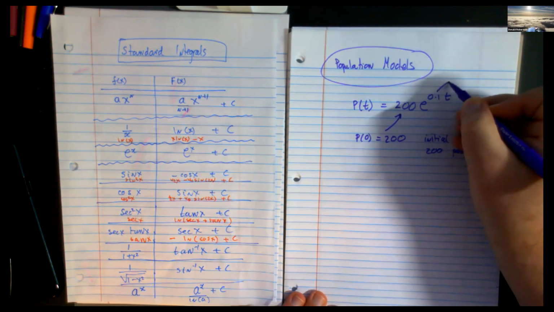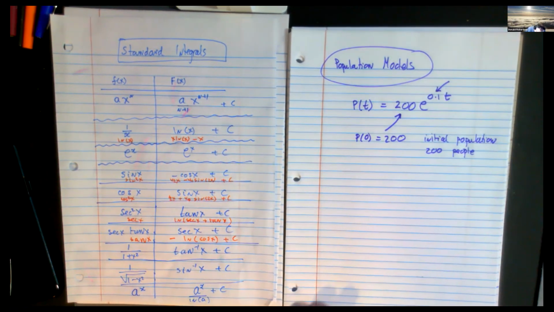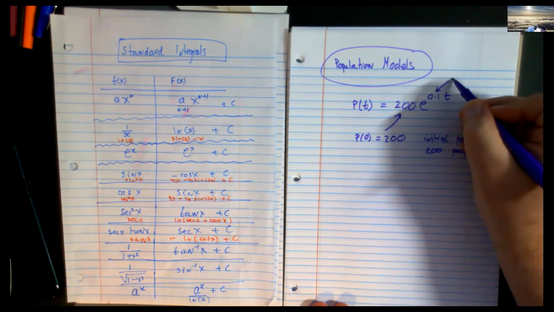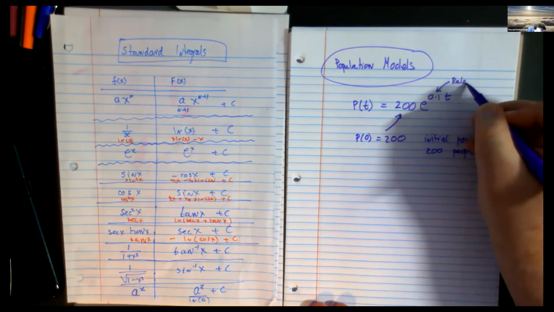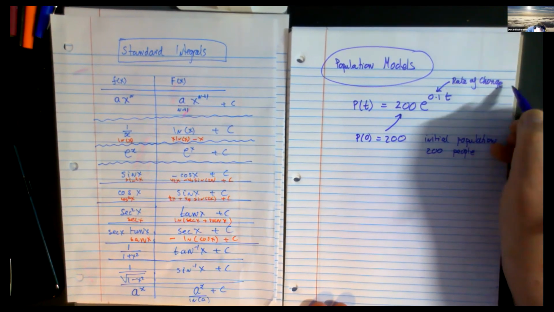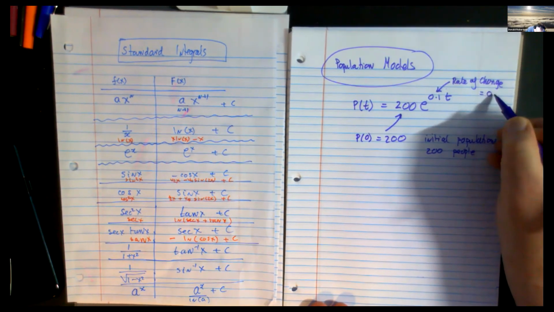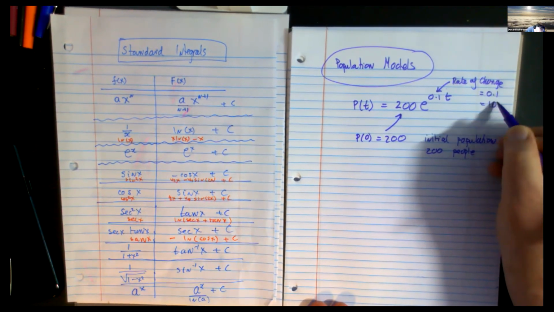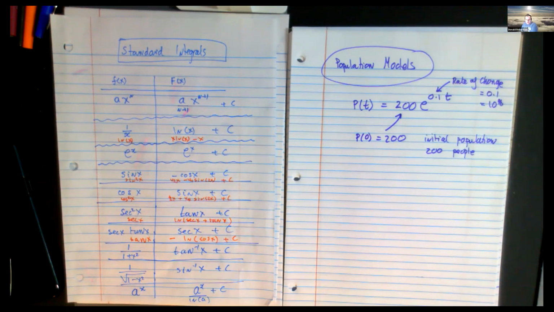This fella here, right, is called the rate of change. So in this case, the rate of change was what? 10% written as a decimal. So what we have here is a town that starts with 200 people and it increases at the rate of 10% a year, right? So there's 10% more people the next year compared to the last year.